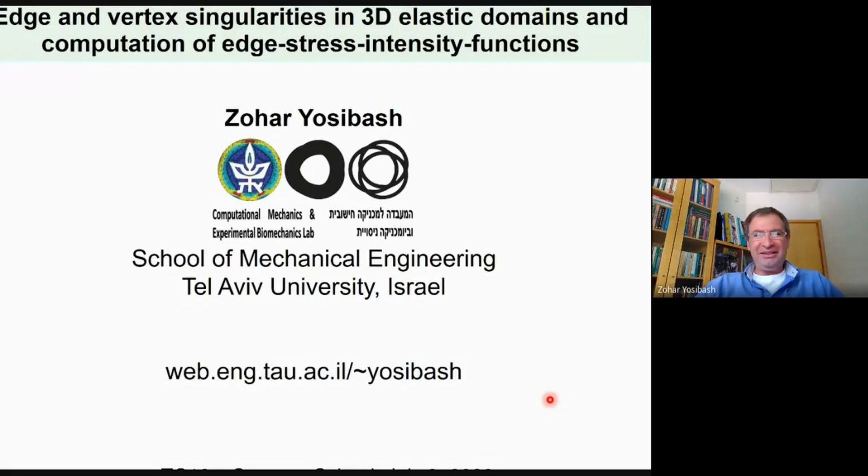I will be discussing a little bit on the edge singularities, which are associated with a 3D elastic solution, and the computation of the so-called edge stress intensity functions.